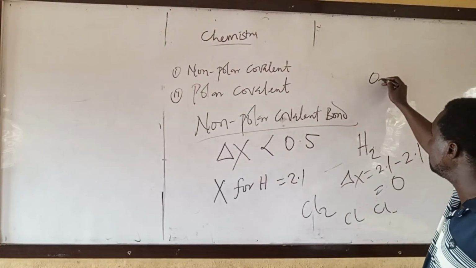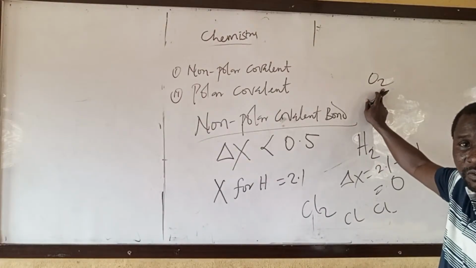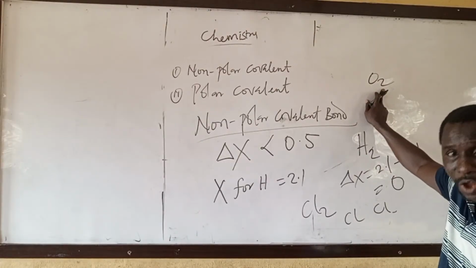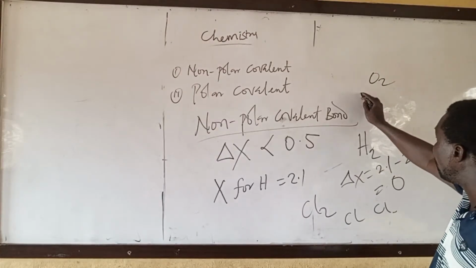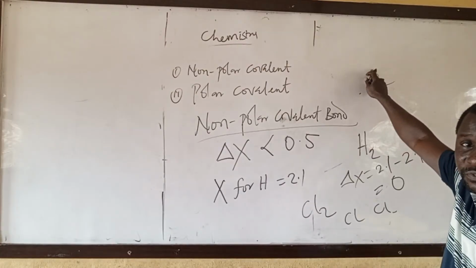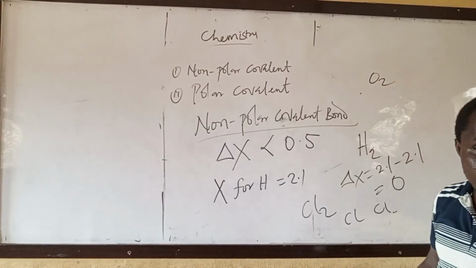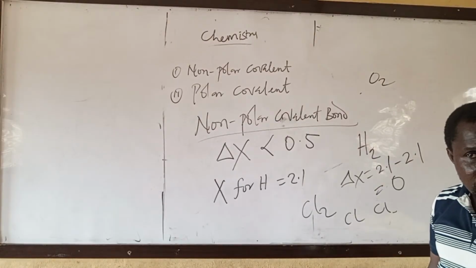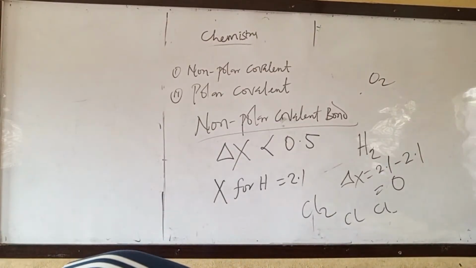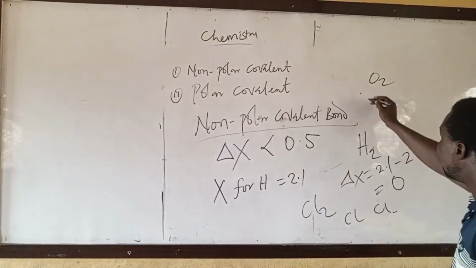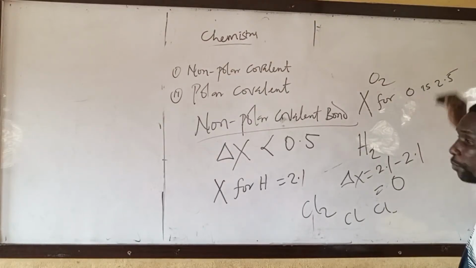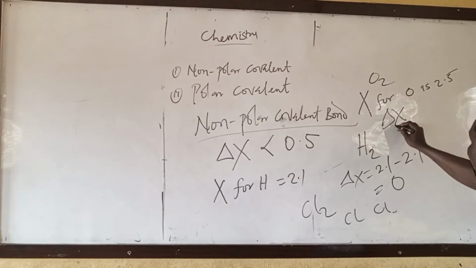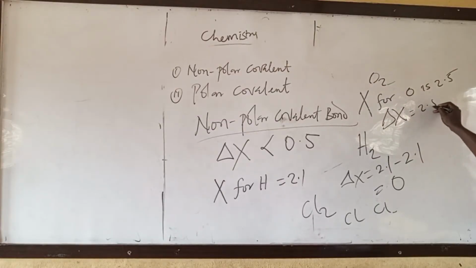If you have oxygen gas, will the covalent bond be polar or non-polar? Non-polar. The electronegativity value of one oxygen minus that of the second oxygen gives 0. The electronegativity value for oxygen is 2.5, so the difference is 2.5 minus 2.5, which is 0.